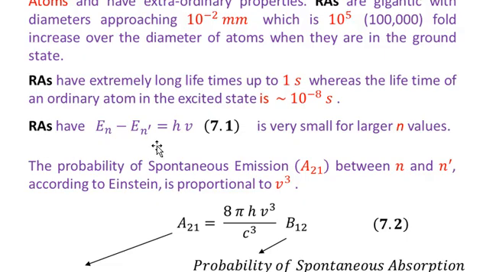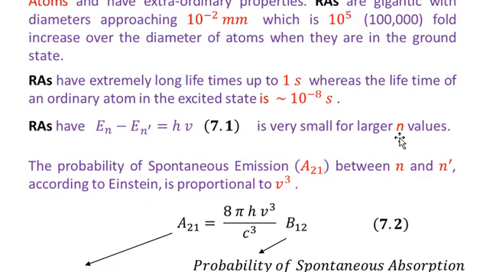The photons emitted by the Rydberg atoms satisfy equation number 7.1, that is En minus En prime is equal to h nu, where n and n prime are two quantum states in the Rydberg atoms. For the Rydberg atoms, this quantity, the difference of energy between two consecutive levels, is very small for large n values.